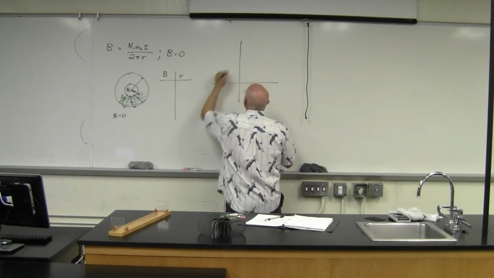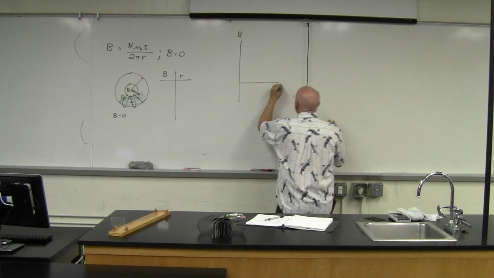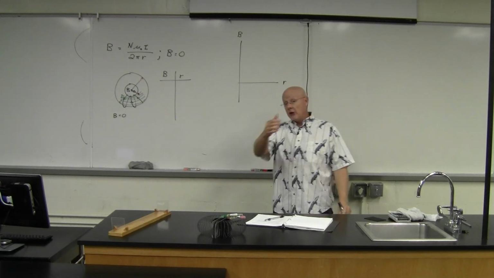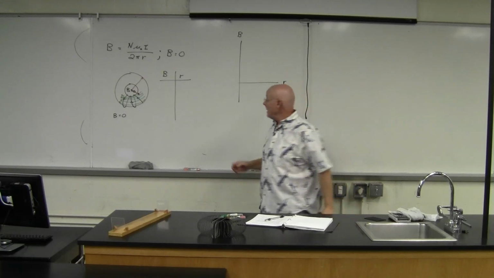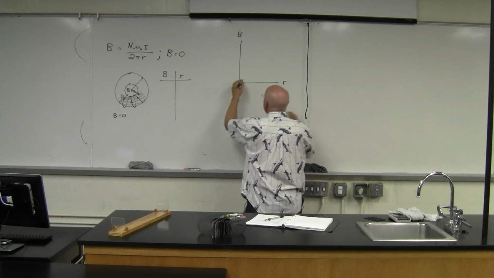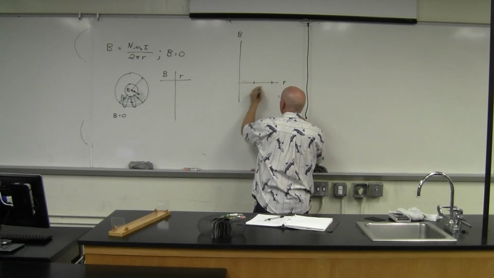And so your job is going to be to make a plot of the magnetic field. And hopefully you'll see something that looks a little bit like this, that when you put the probe as close as we can, we get a field that is almost zero.